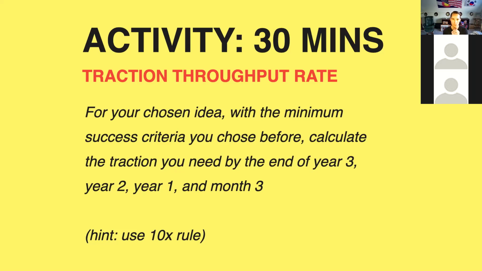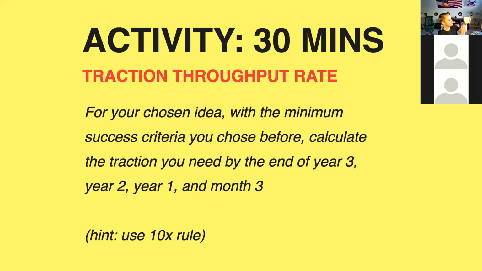So for your chosen idea, and so Miranda, brewery, and Kathy, your platform for coaches, you chose your minimum success criteria. I want you to take 5 minutes here and literally draw a graph.